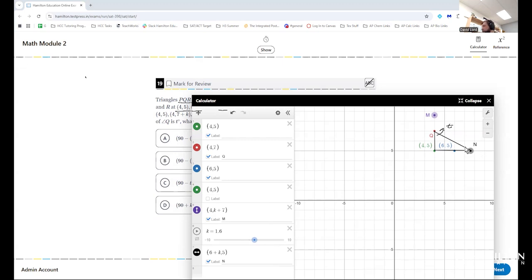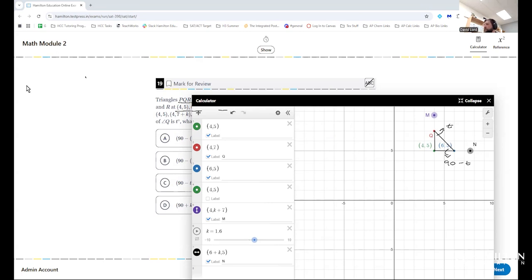Let's make it a little bit smaller. There we go, the blue for the small triangle. It looks like a right triangle to me. And it is, because the slopes are perpendicular, so we can confirm it is a right triangle. Which means that the other angle must be 90 minus t.